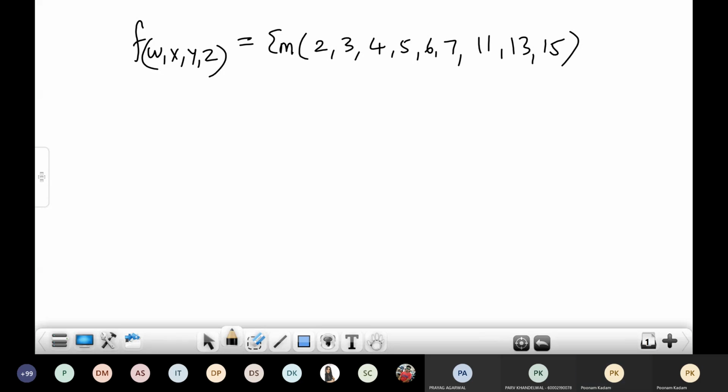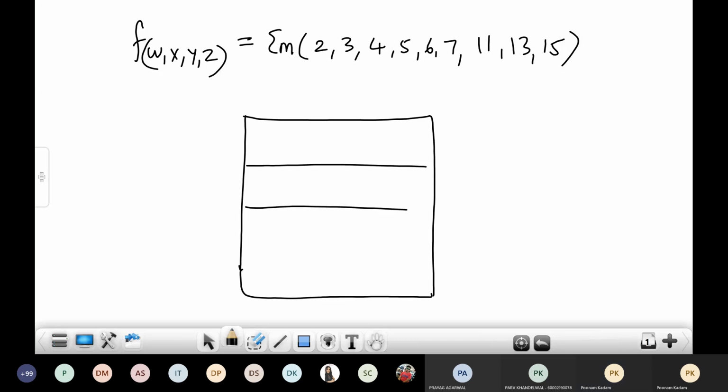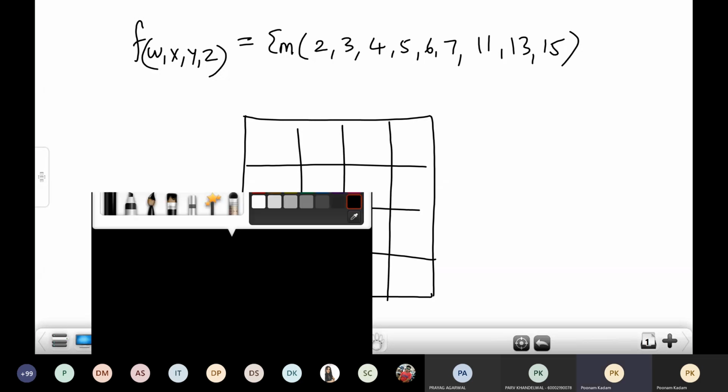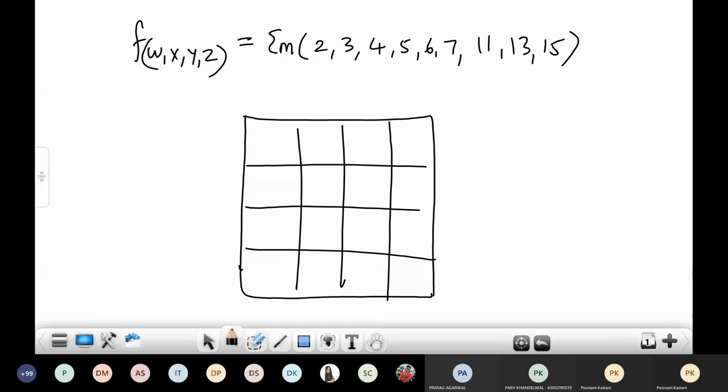Okay. So the first step is we'll draw the K-map. Let me do this sum. W, X, Y, Z. How many prime implicants are there?